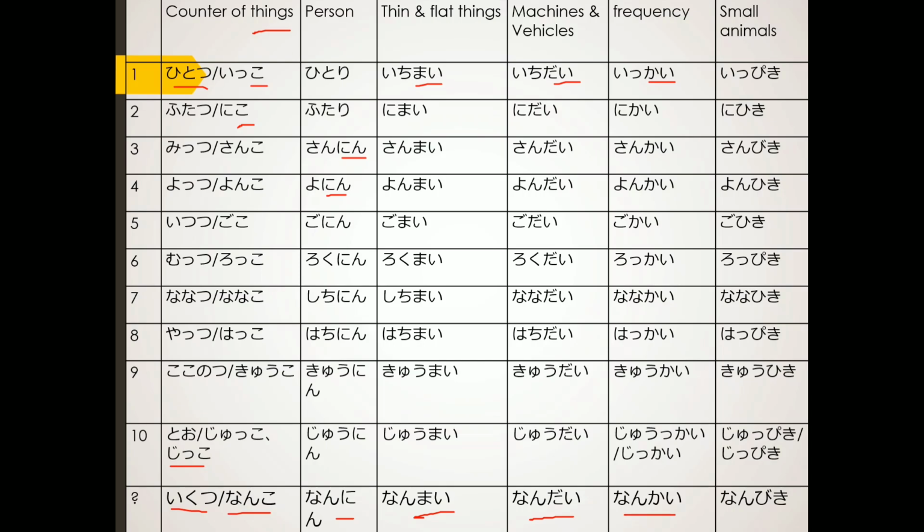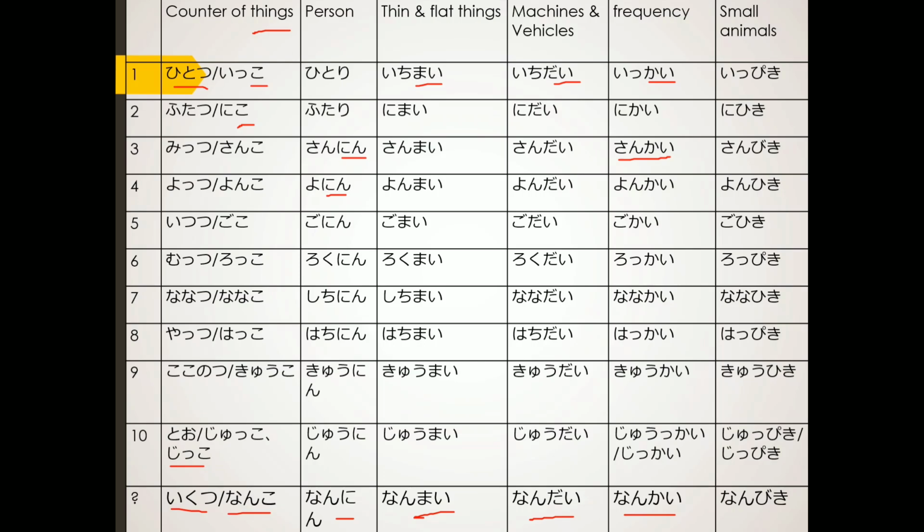We also learned before counter for the apartment. It means floor of the house also kai. But there are some special reading we have. When we have for san, here we have kai, but there we have sangai. And question here it is nankai. In counter suffix for the floor, it is nangai.